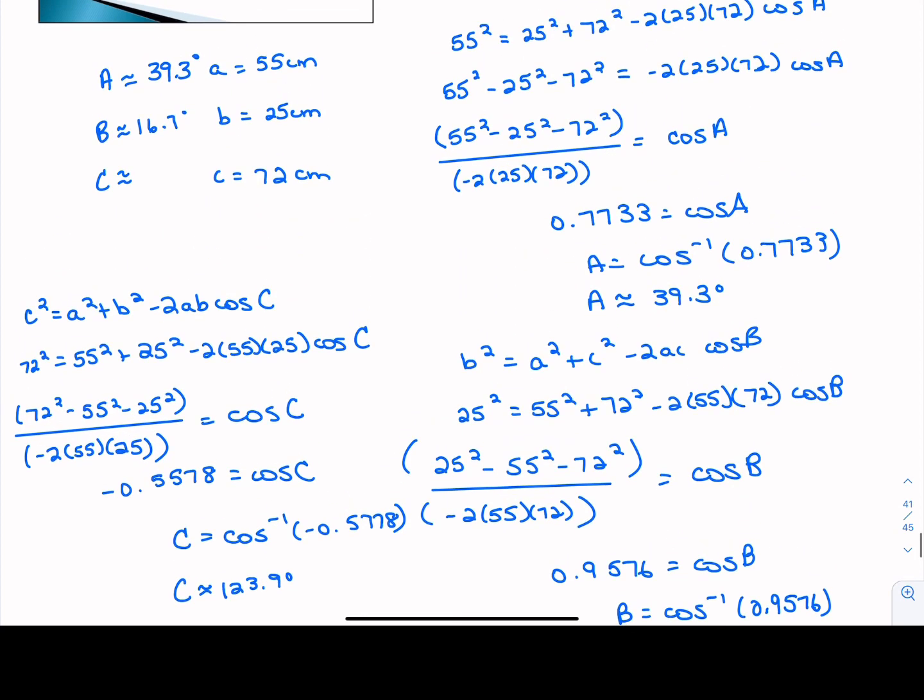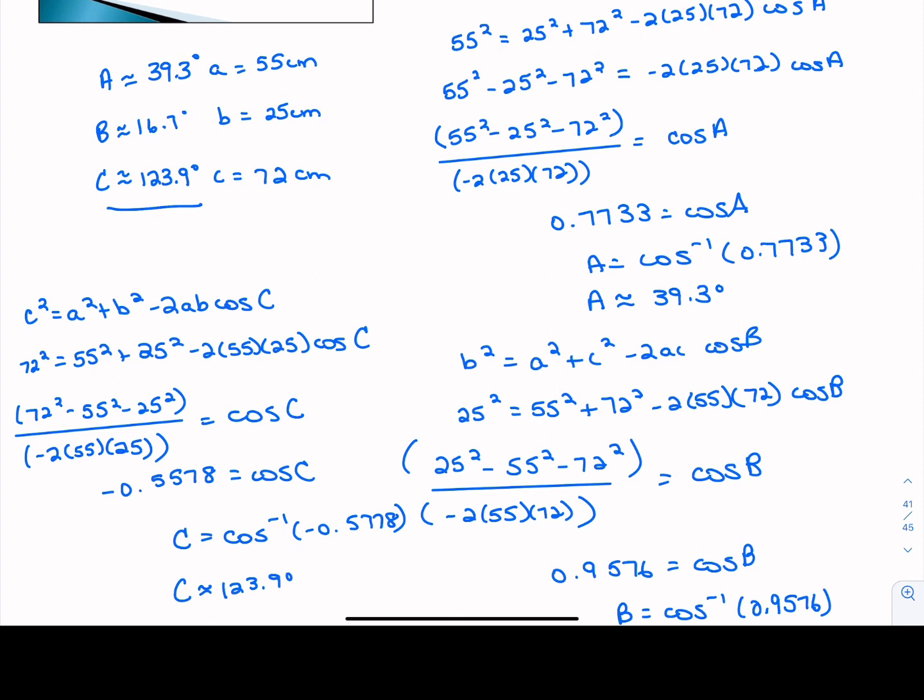So if we look back at your table here and fill in that 123.9 degrees, you can sum those angles together. And what you'll find is when you add 39.3 with 16.7 degrees and another 123.9 degrees, you get 179.9 degrees as your total. So again, it's out by about a tenth, but it's because we've had to round as we go.